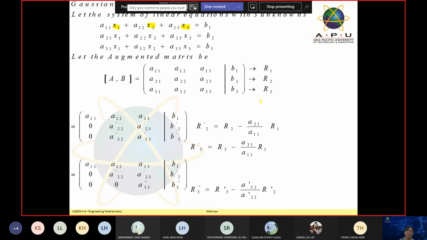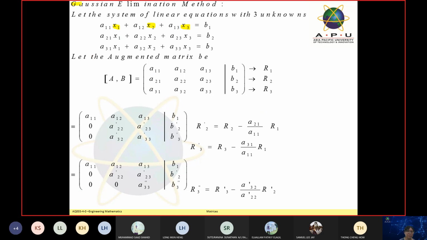So how do we actually solve it using the Gaussian elimination method? For the 3 equations here, first we will present them in the augmented matrix. What you are seeing right here, this part we call an augmented matrix. Can you see this is a matrix, and we put a straight line.